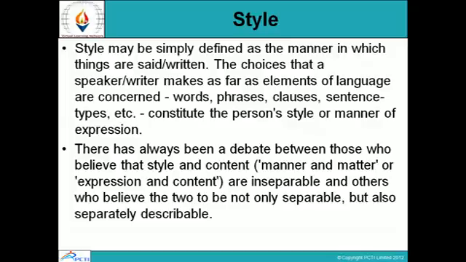However, now more and more scholars tend to agree that language performs several functions, and that depending on the particular function, that is use or effect one has in mind, one manipulates the elements of language. This manipulation of language by a speaker, orator or writer constitutes his or her style.